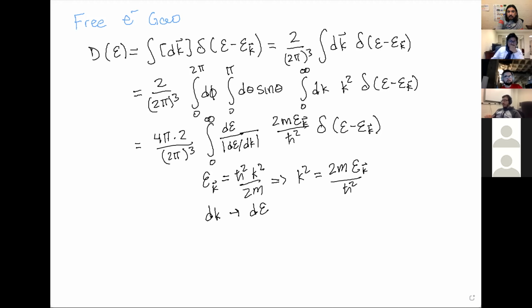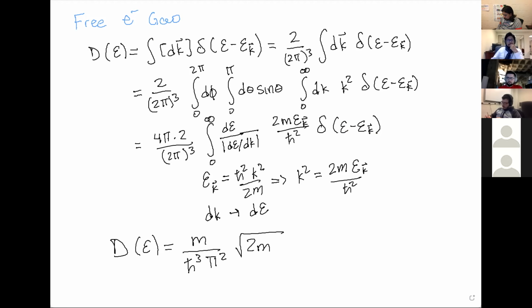And once you do that, you get the solution, which in this case is D of E equal to m over h bar 2 pi squared times the square root of 2m times energy.